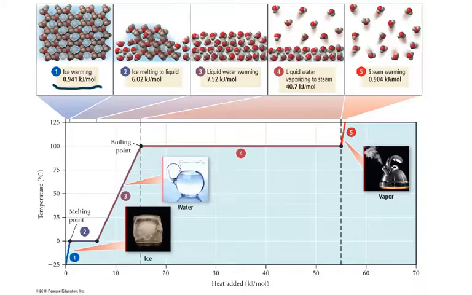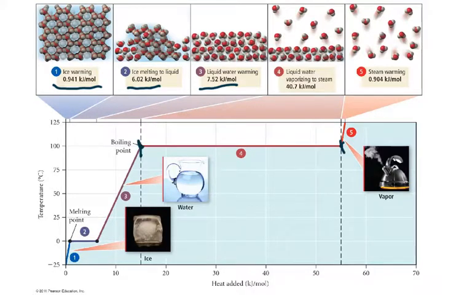Then at the melting point, you have to melt all of the ice before you can start warming it up again, and that takes 6.02 kilojoules per mole. Then when you warm up water from the melting point up to the boiling point, it takes 7.52 kilojoules per mole of water.